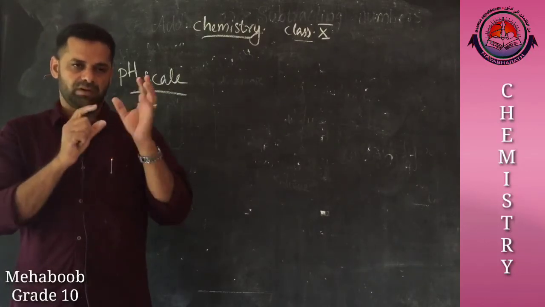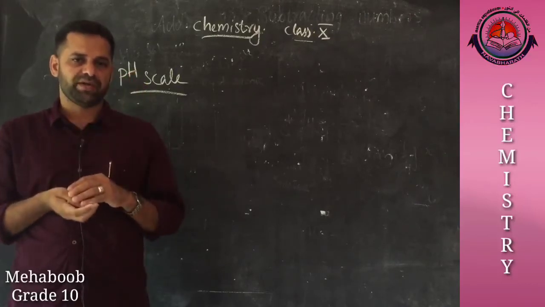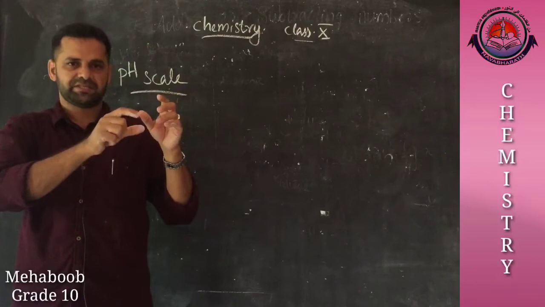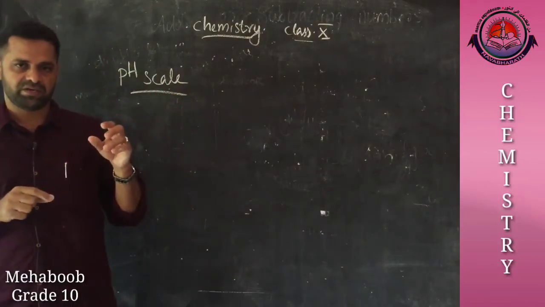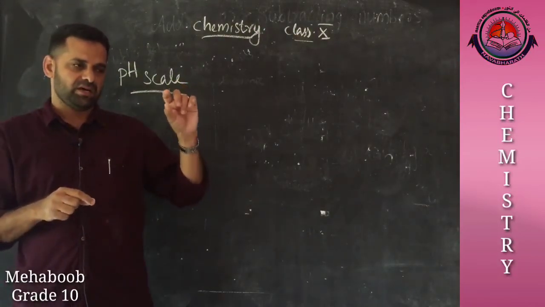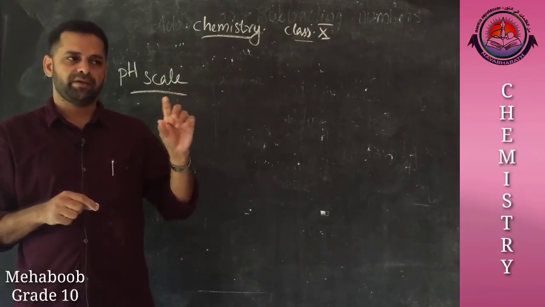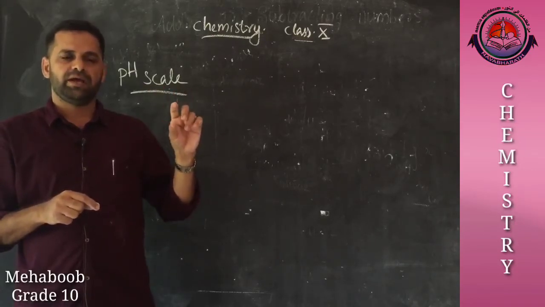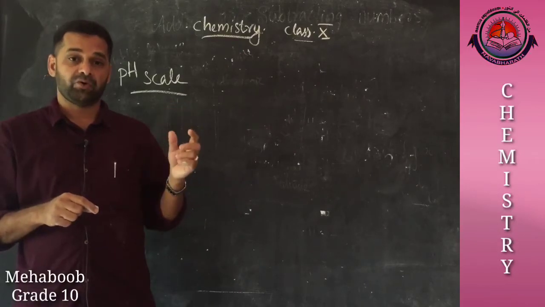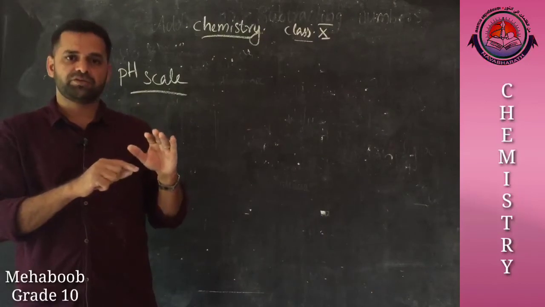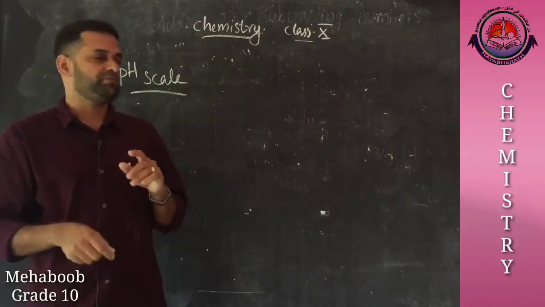On the label of this mineral water, you can see some data given: what ions are present, what the different types of minerals are, such as carbonate, chloride, fluoride ions, TDS, total dissolved solids, and you can also see the pH value.